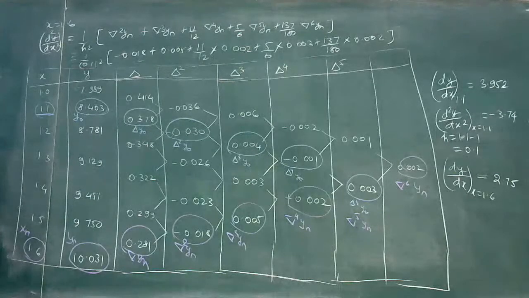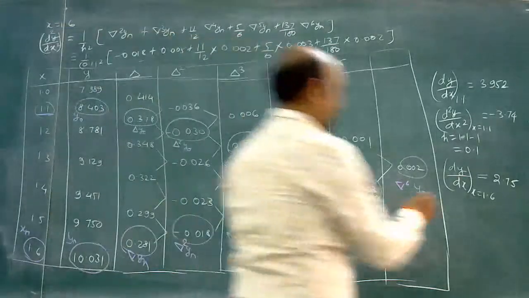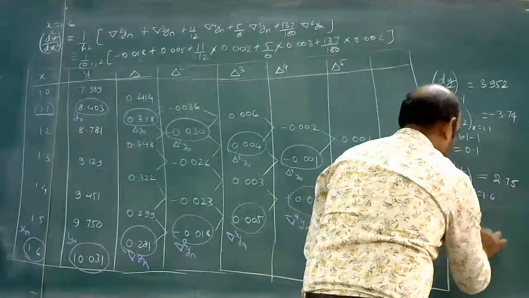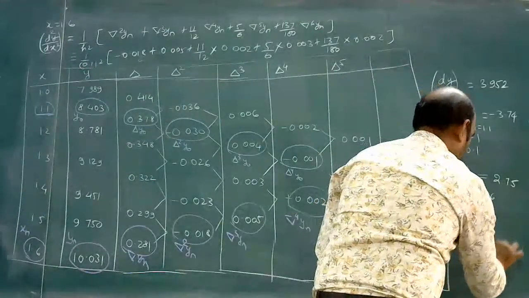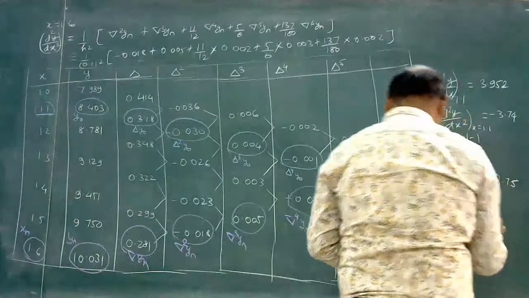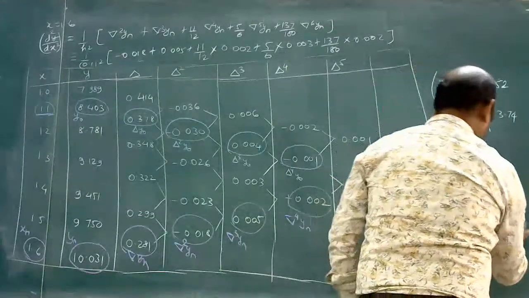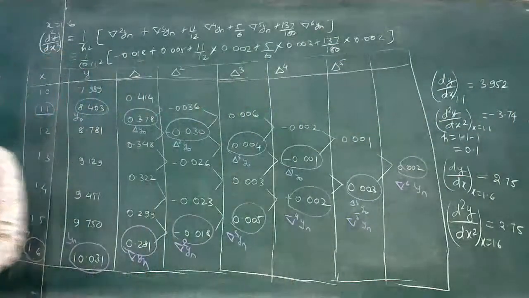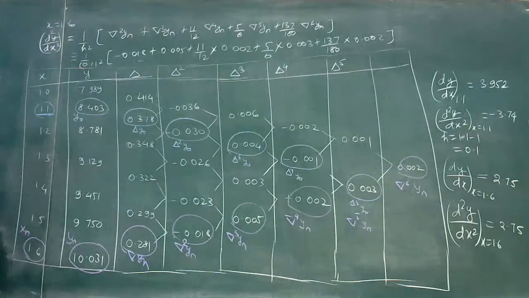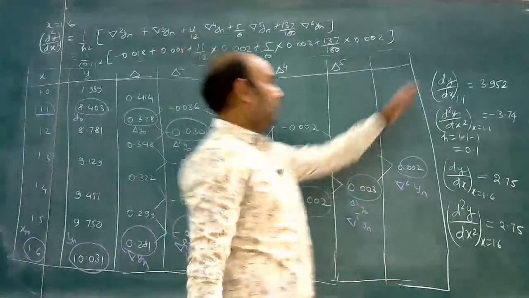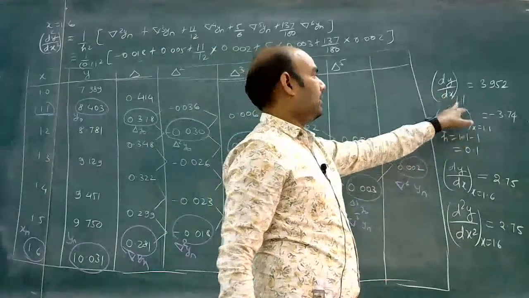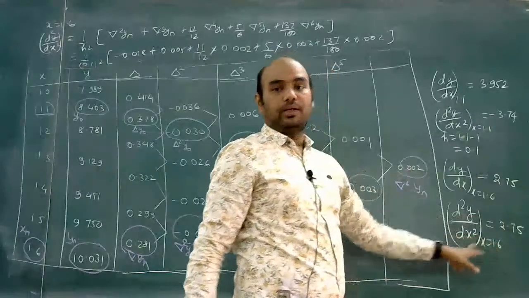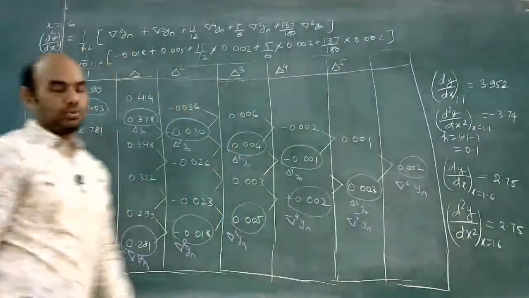So this is coming to d square y by dx square at x is equal to 1.6 is 2.7. So this is the value of the second derivative at x is equal to 1 and x is equal to 1.6. Okay.